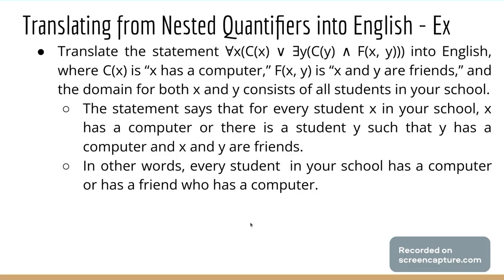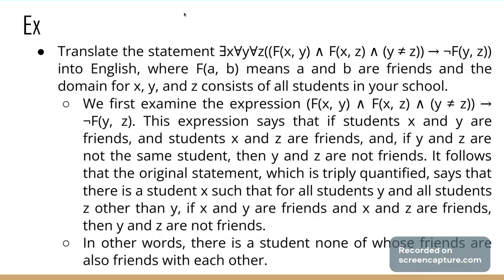That's the translation. Another example, the nested quantifier statement is there exists x for all y for all z, F of x comma y and F of x comma z, and y is not equal to z implies not F of y comma z.